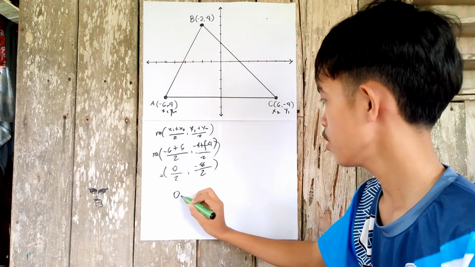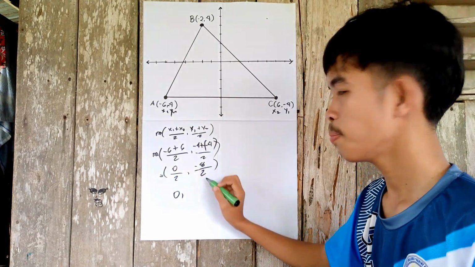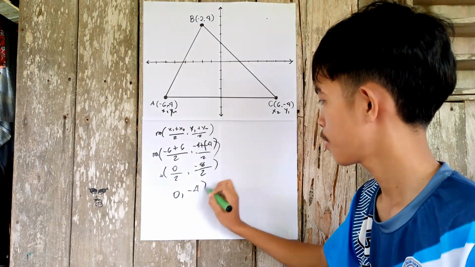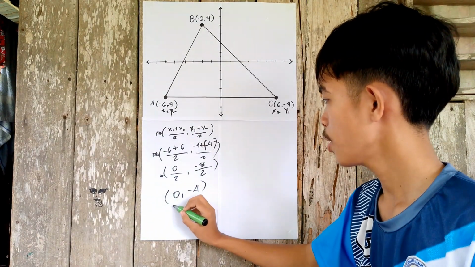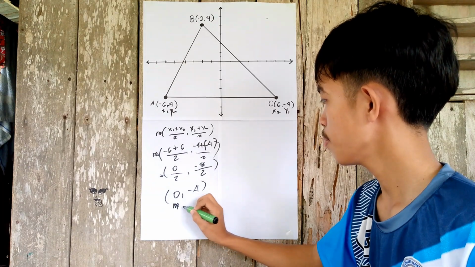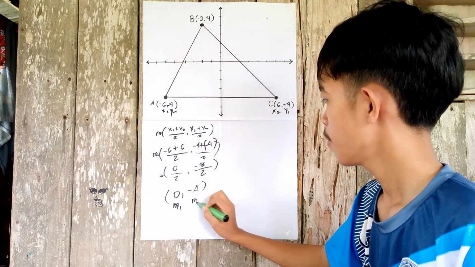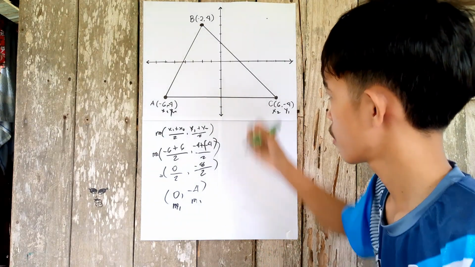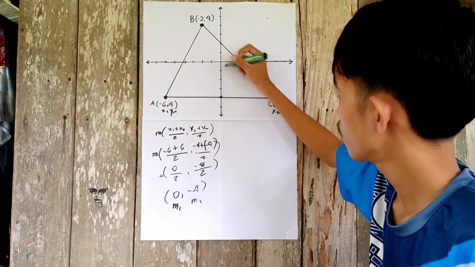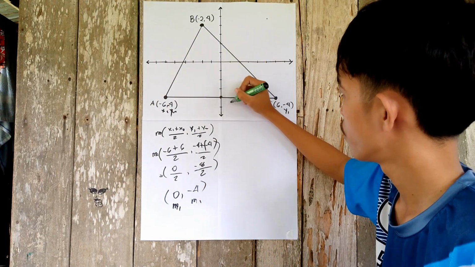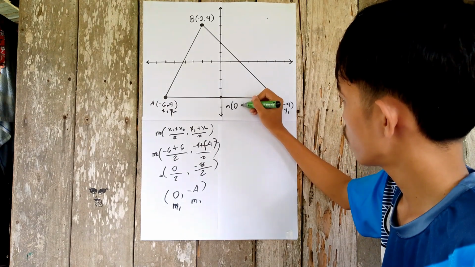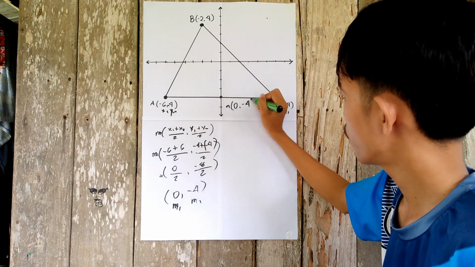So 0, and negative 8 divided by 2 is equal to negative 4. So our midpoint is 0 and negative 4. The midpoint is (0, negative 4).